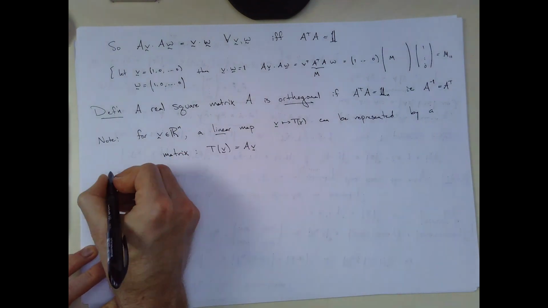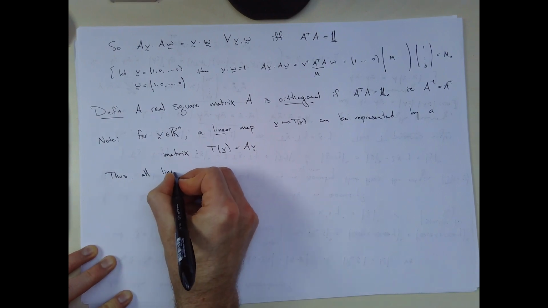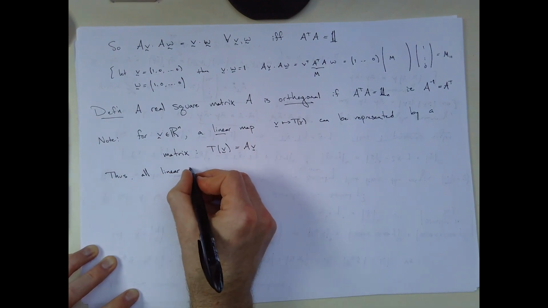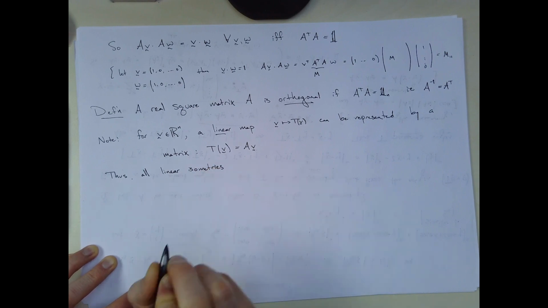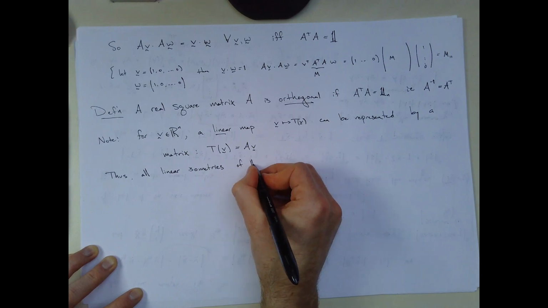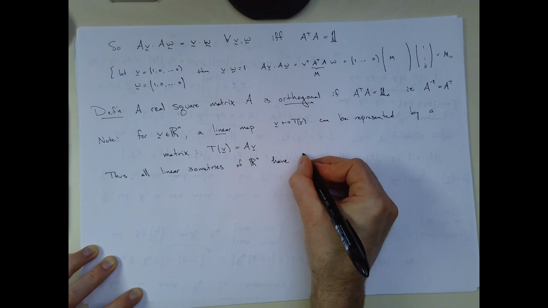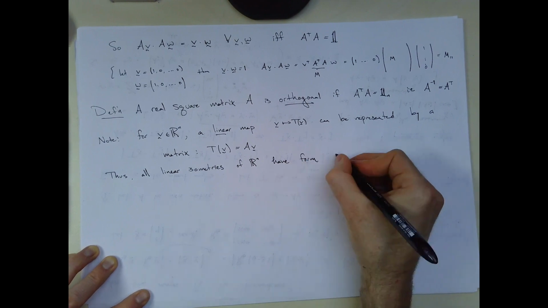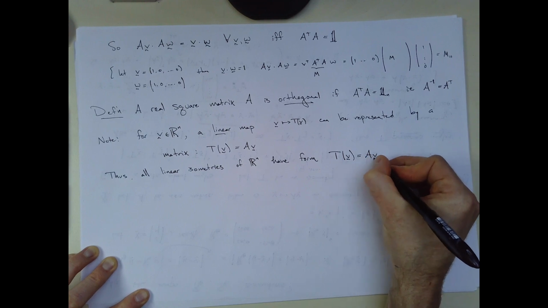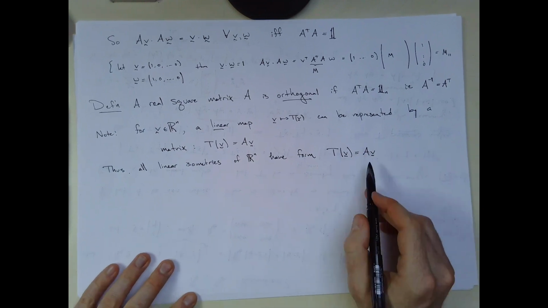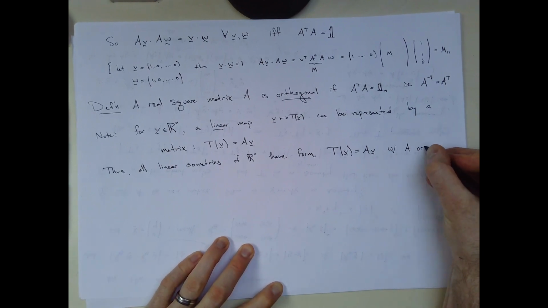So that means that all linear isometries of Rn have the form of a matrix multiplication for some matrix A with that matrix A orthogonal.